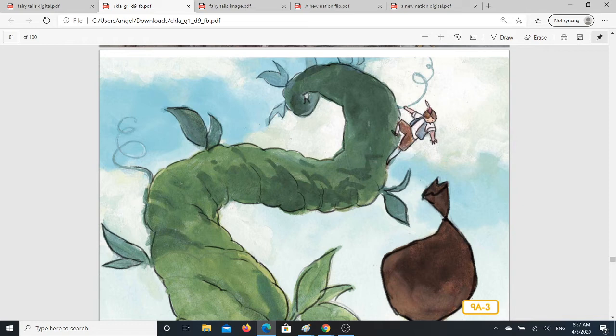Do you think that lickety-split means very quick or very slow? He threw down the bag of gold, which fell kerplunk into his mother's garden. Then he climbed down until he reached the ground. I think lickety-split means fast.